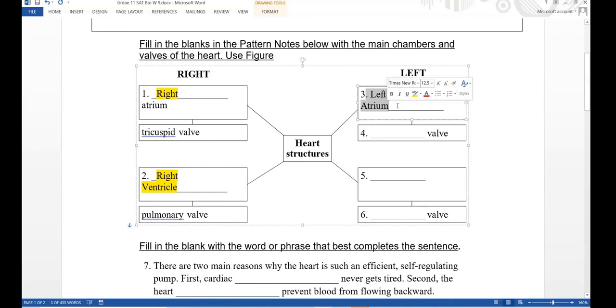And number 4, what is the valve? What is the valve here? Below the left atrium. You want to look at the picture in your textbook and tell me?